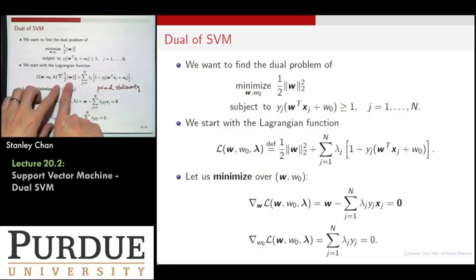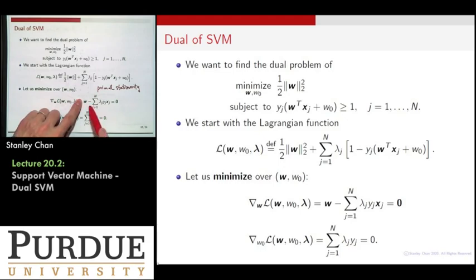If I take the gradient of my Lagrangian with respect to W, I will get what? Well, I will get W. This W comes from the gradient of the 2-norm squared of W. If you take the gradient of the square term, you will get W. And then I take the gradient of this entire sum. I will just get the sum of lambda j, yj, and xj, because you only have one variable W here.